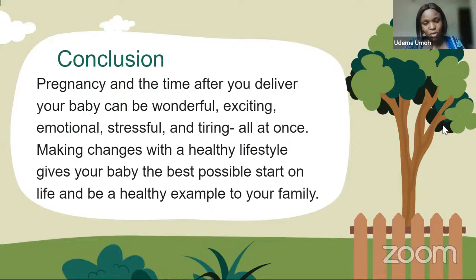And don't be a parent that tells the child to eat A while you are eating B. That's why I said be a healthy example to your family. Don't say, go and take yogurt, but you drank like 4 bottles of energy drink between yesterday and today. These Gen Z children are very, very curious. Not like our own time when your mother tells you one thing, you just obey, you don't ask questions. This generation, they are watching what you are doing.